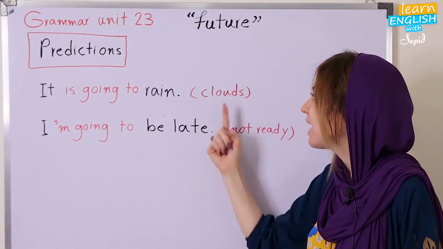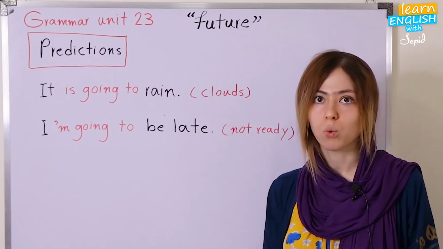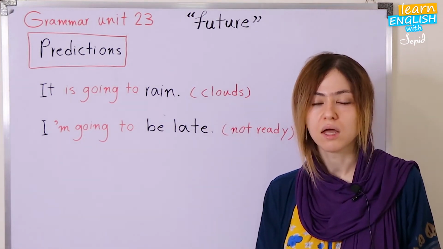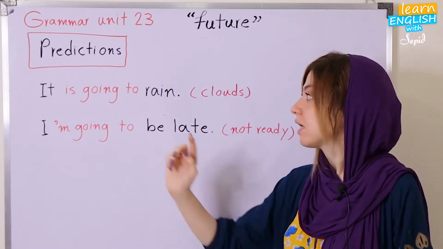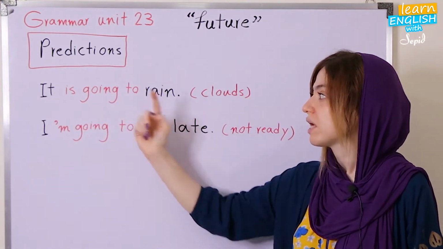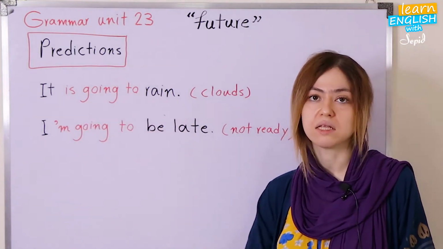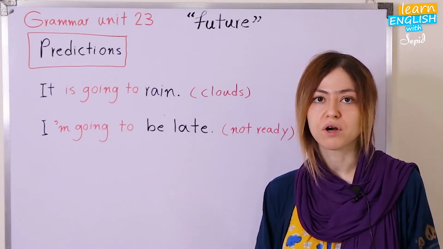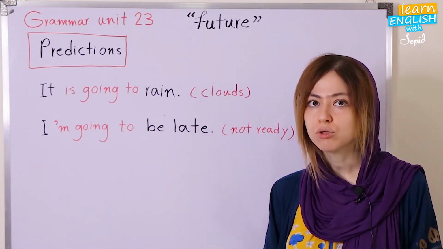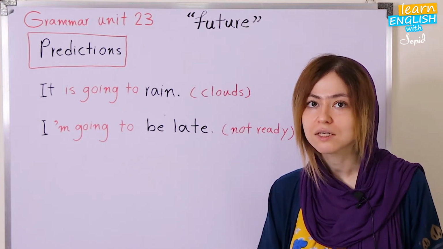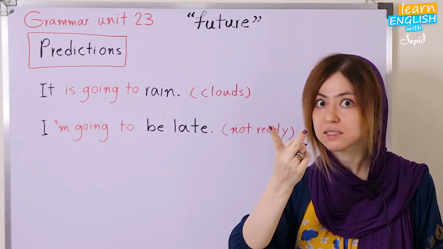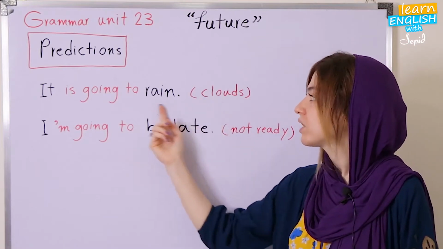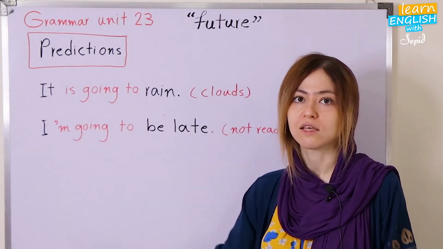So based on the clouds, we can say that. So we see the clouds in the sky and we say that it is going to rain or it's gonna rain. That's the case. Remember, we can use be going to for predictions which are based on a sign which we see, and we can form our sentence like this.